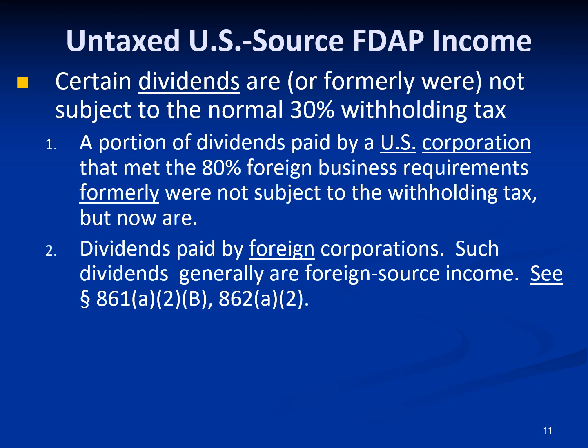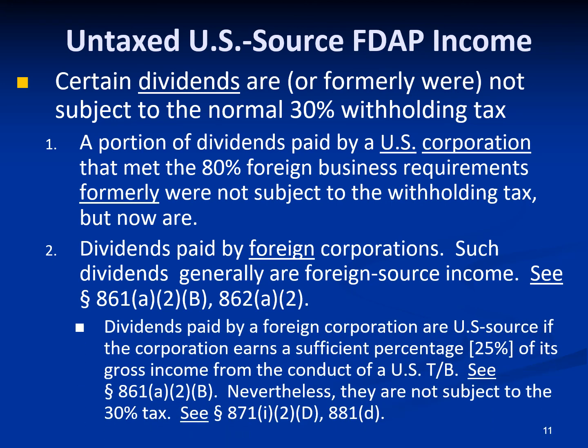861(a)(2)(B) tells us that if a corporation earns 25% or more of its gross income from the conduct of a U.S. trade or business, then a portion of its income is considered U.S. source. However, even if a corporation meets this test, and therefore, even if its dividends are considered U.S. source under this special rule, they are not subject to the normal 30% withholding tax.